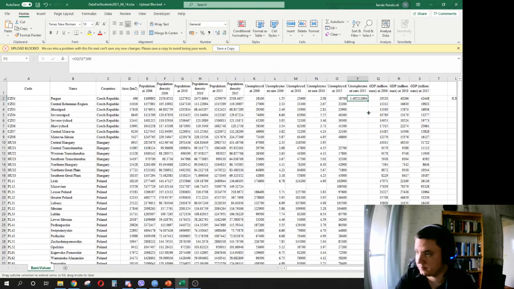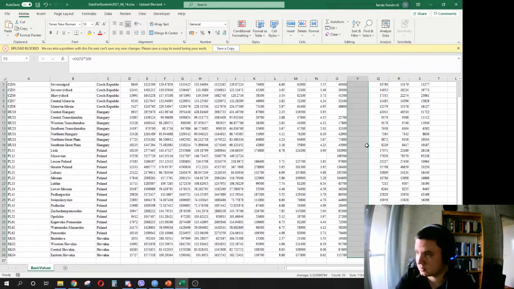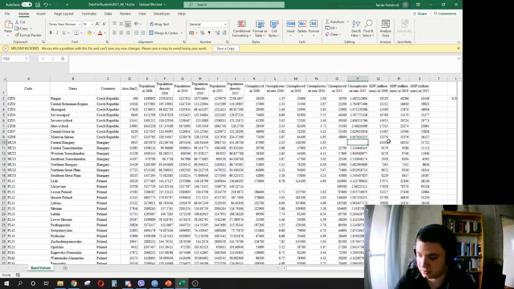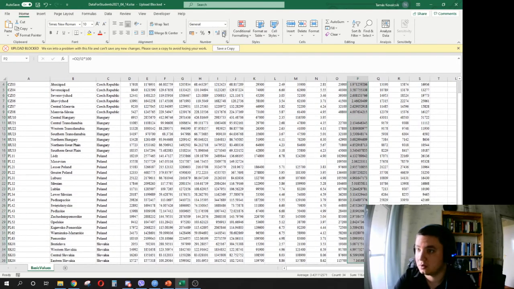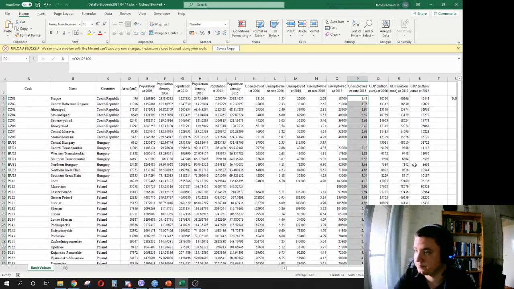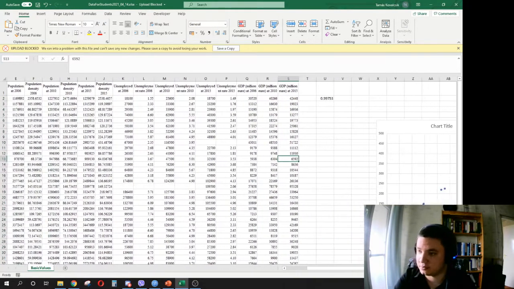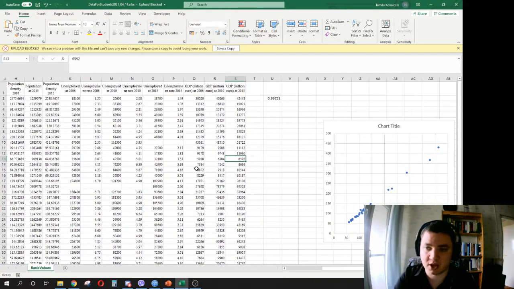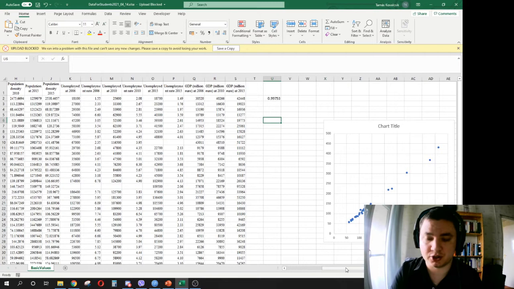Okay, here it is. Just delete. Okay, we have an unemployment rate, and we are looking for the relationship between the unemployment rate and population density.